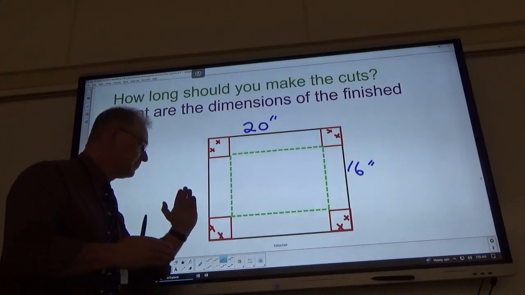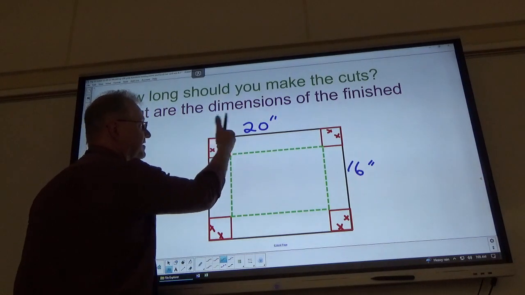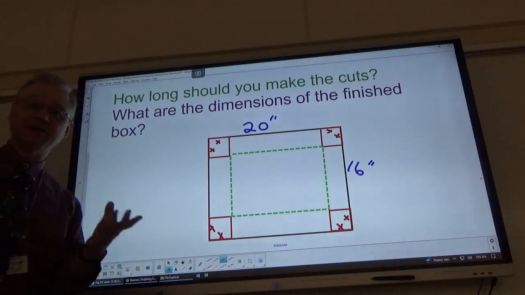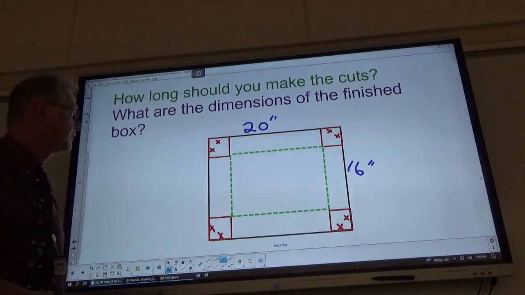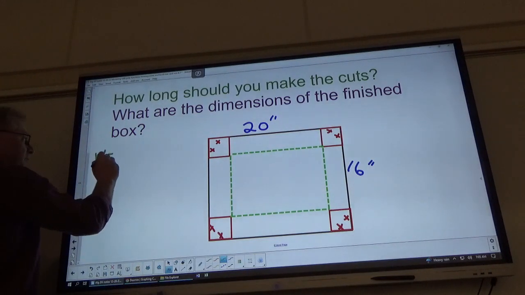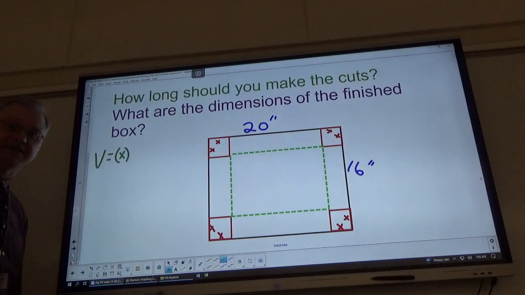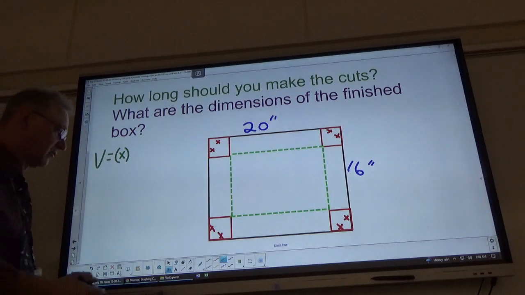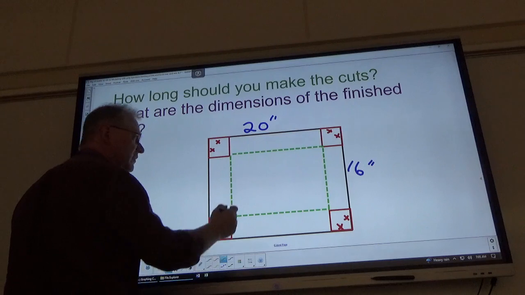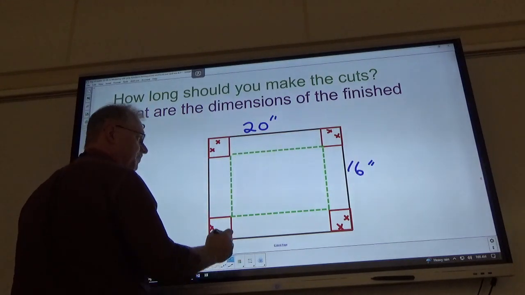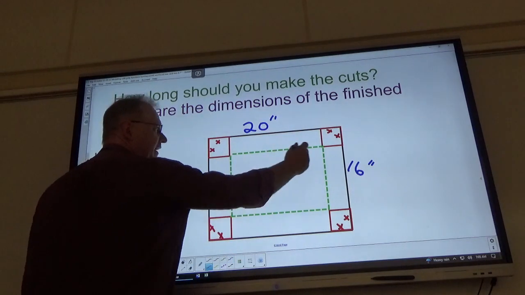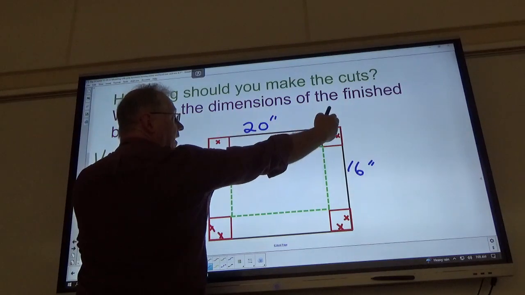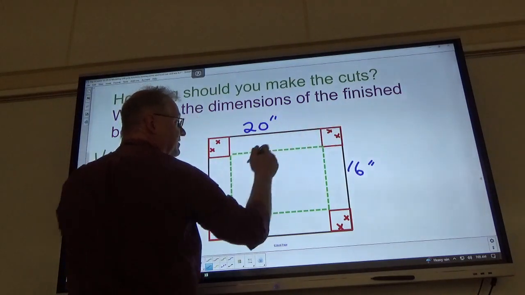If that's the situation, when we bend it up, this distance is going up. So that's going to be a height of x. So if we're talking volume, x is the height. Now we need length and width. Well, if we're really doing length and width, the length is going to be 20 minus each of these x's.